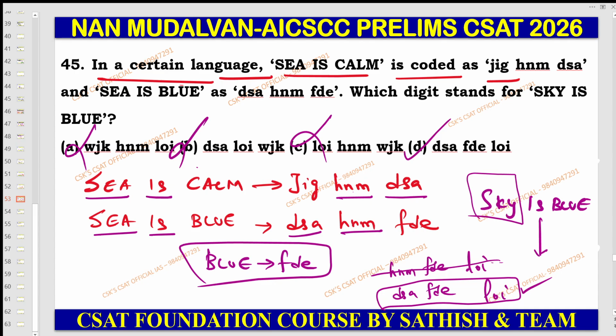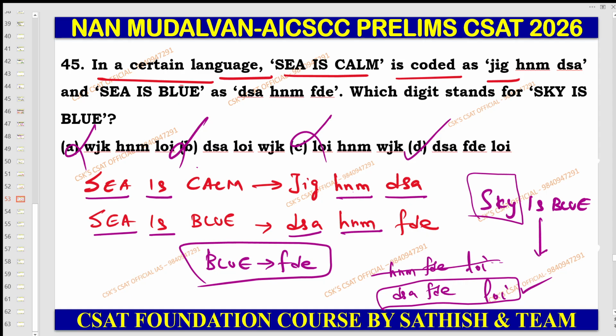Now I am checking whether FDE is present in any of the options. Yes, the D option contains it. If FDE is in two options, then check H and M also common there, DSA also common there. So both are possible: HNM FDE LOI, DSA FDE LOI. Instead of LOI, anything is possible.